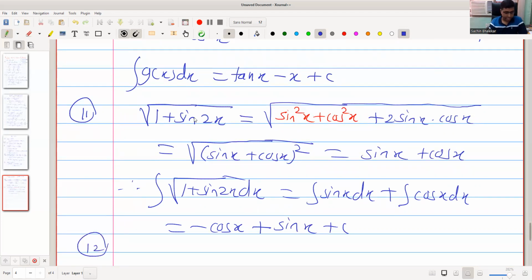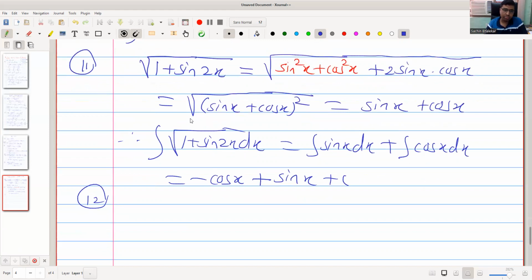If it is cos 2x instead, then things are quite simpler. If it is square root 1 plus cos 2x, then it is not that difficult, because we know cos of 2x as 2 cos square x minus 1.